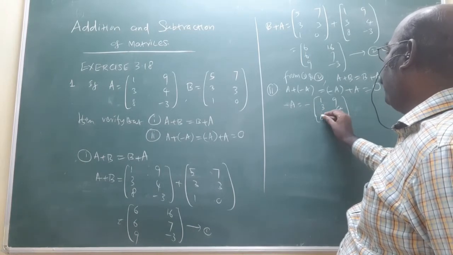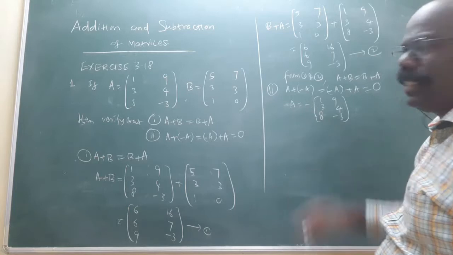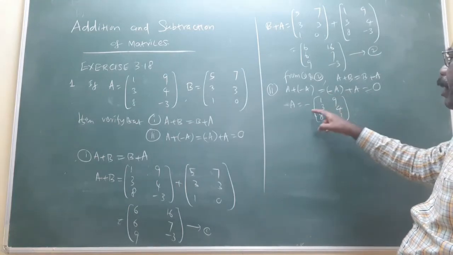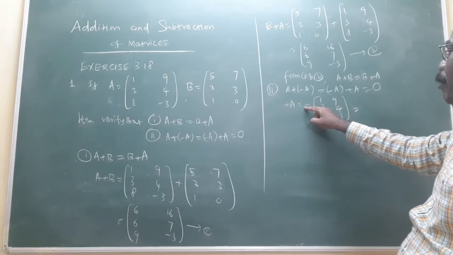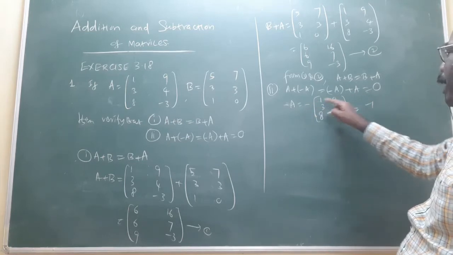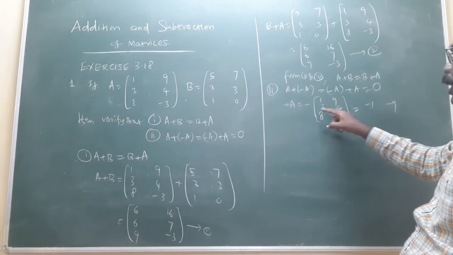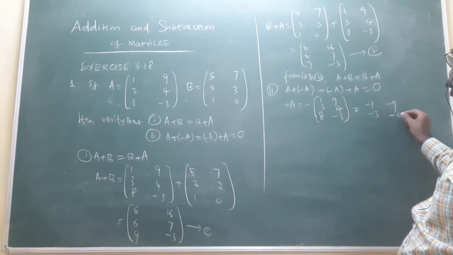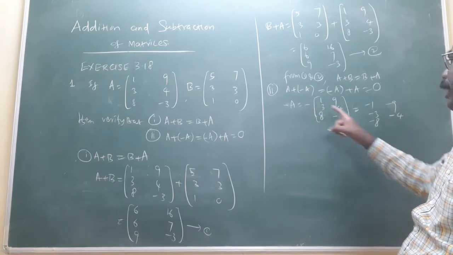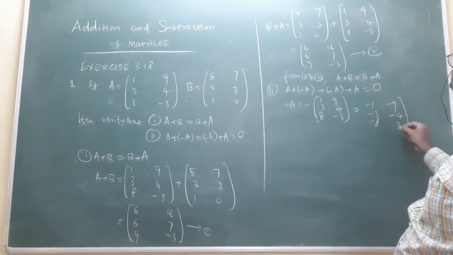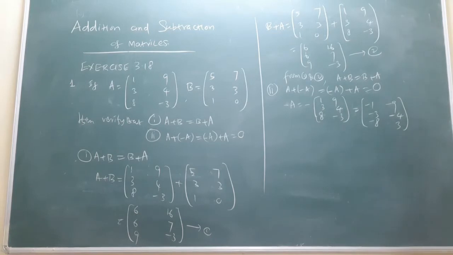That means outside the matrix there is a minus, so you multiply all the elements by minus. Minus 1, minus 9, minus 3, minus 4, minus 8, and last, minus of minus 3 is plus 3. In this way, you multiply all the elements by minus.